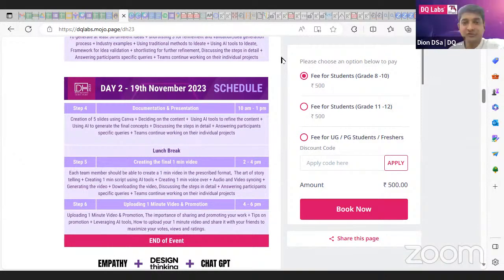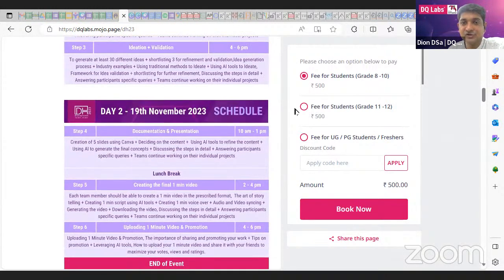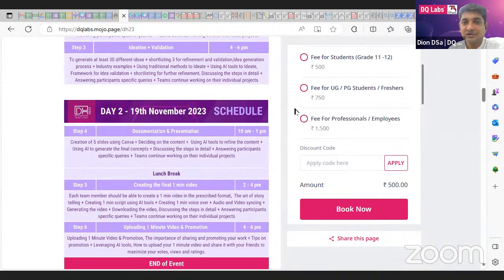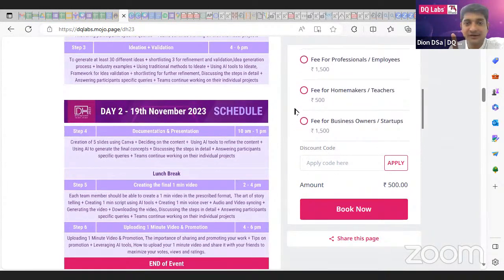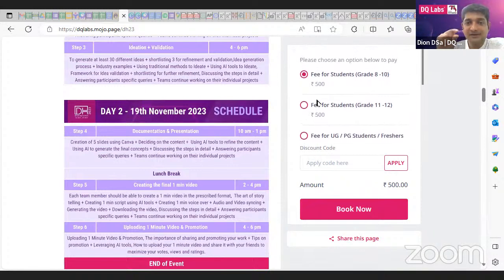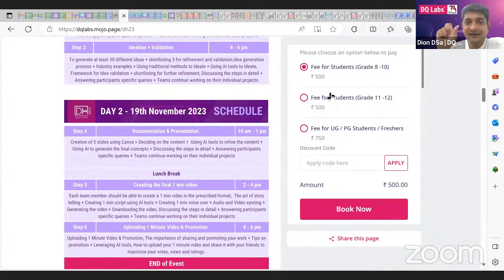If everyone could look at Umesh's screen, you see the option to pay. Fees for class 8 to 10, Umesh, if you can go up. Anyone participating in 8th, 9th or 10th grade will be competing in that group.